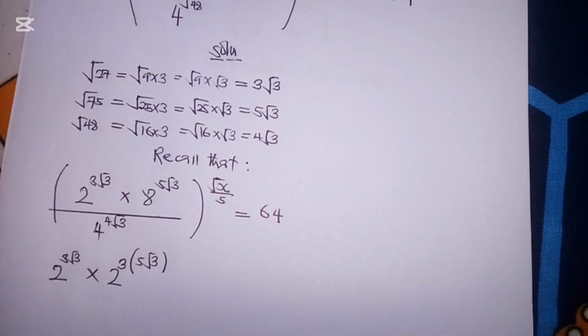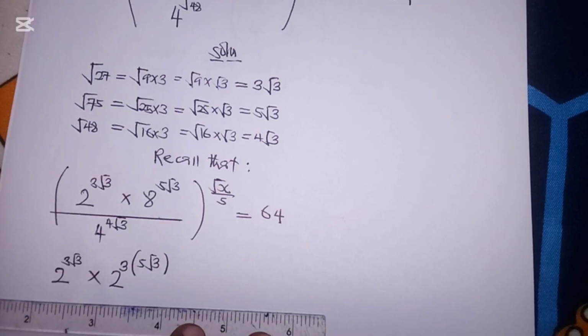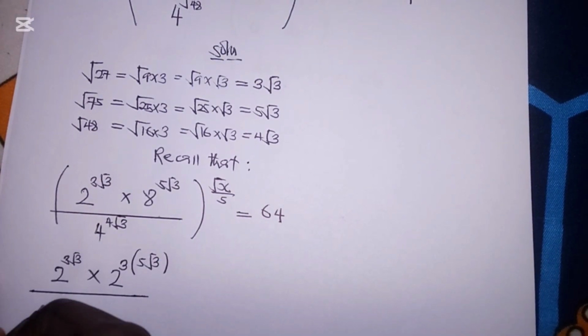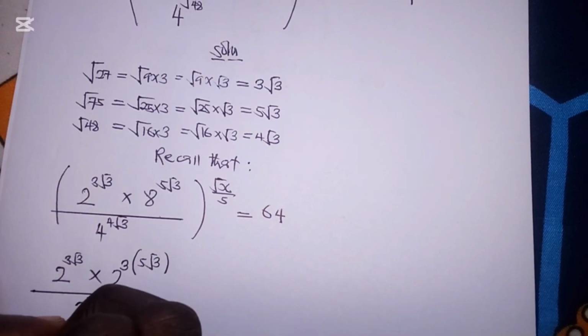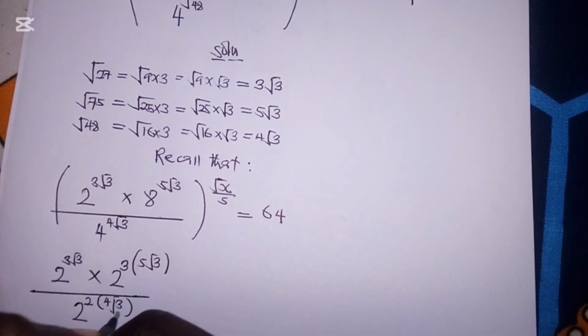Now we divide everything by, the same thing, 2 raised to the power 2 into 4 root 3.